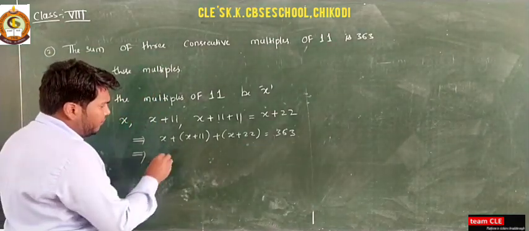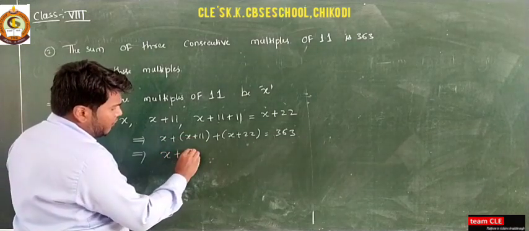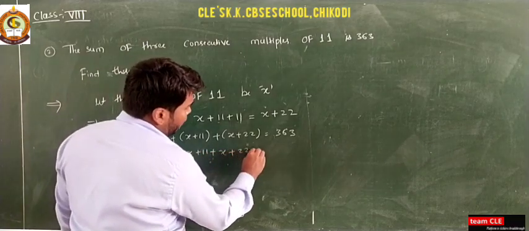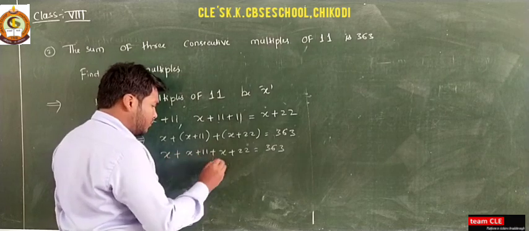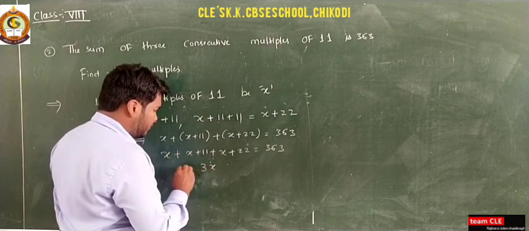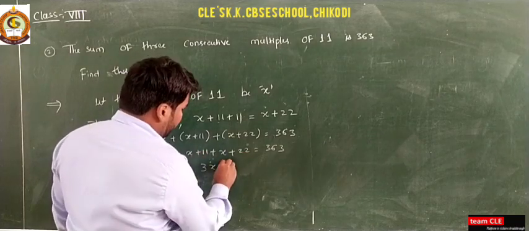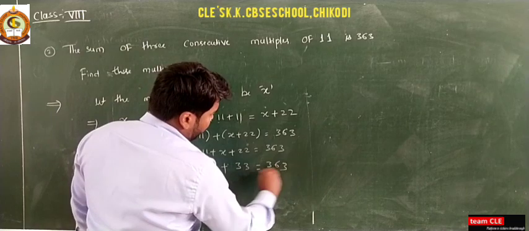Now remove the brackets: x plus x plus 11 plus x plus 22 equals 363. So x terms give 3x, and 22 plus 11 is 33, so 3x plus 33 is equal to 363.